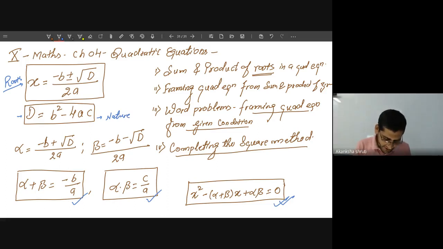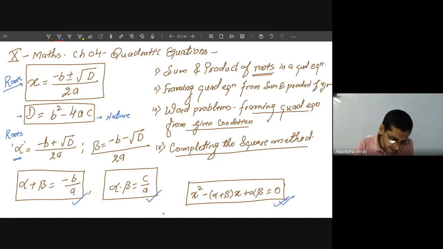So while taking the positive sign between the minus b and under root d, we can get one of the roots. So what are these roots? We are denoting one of the roots by alpha. So alpha is obtained by taking the positive sign between minus b and under root d. So alpha is given by minus b plus under root d by 2a.